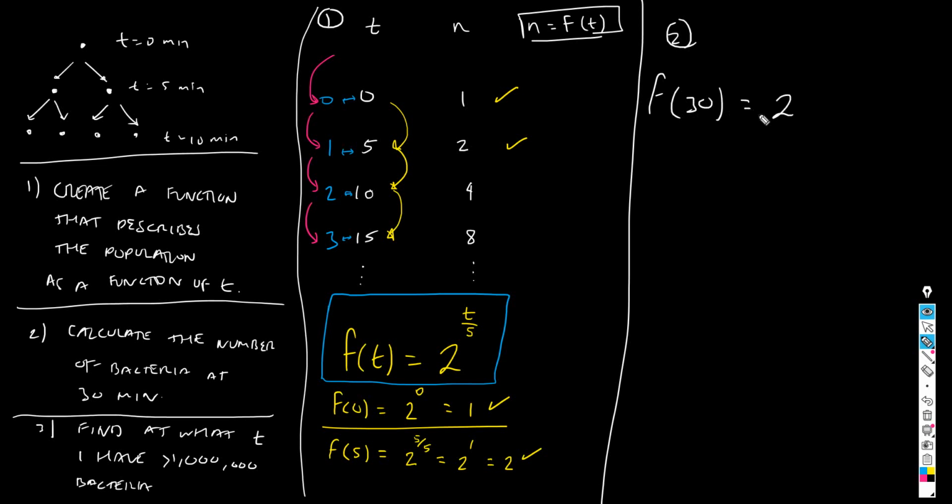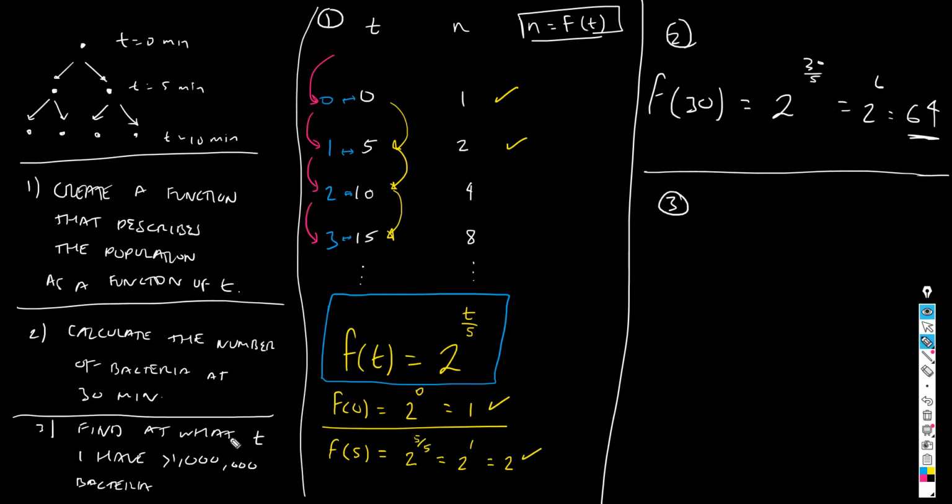So I'm going to get 2 raised to the 30 over 5, which is 2 to the 6, which is going to be 64. Okay, 64. I think I'm doing something wrong. No, everything is fine. 64. If you find a mistake, you tell me, okay? But I'm 99% sure this is correct. So number 2, done.